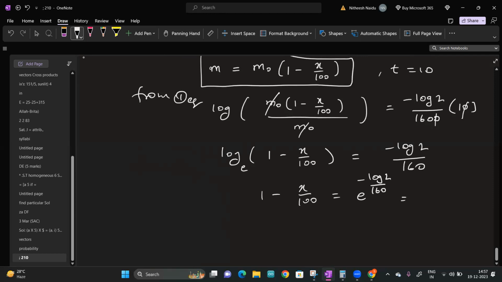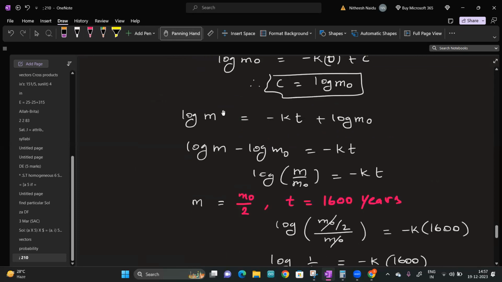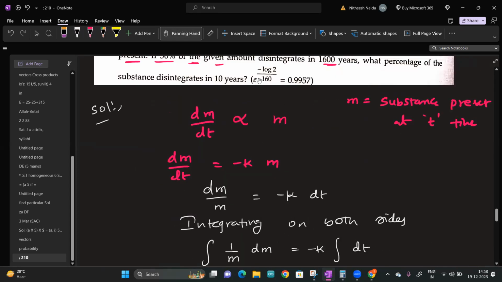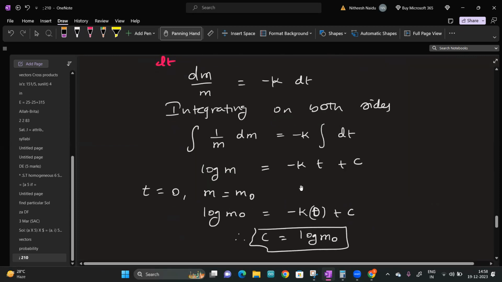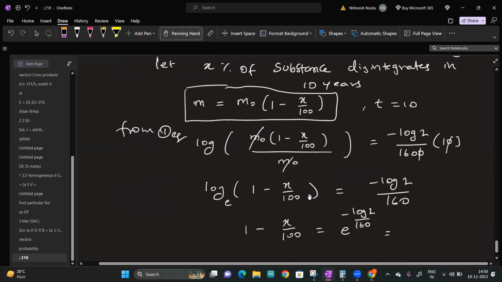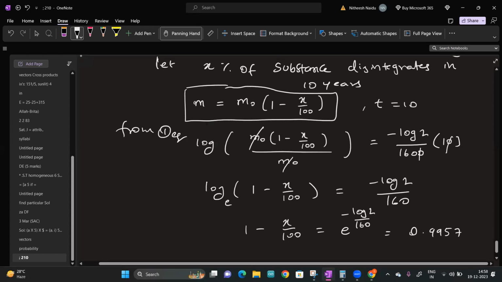Look at this, we have this value given: e power minus log 2 by 160 is 0.9957. Log always has base e.